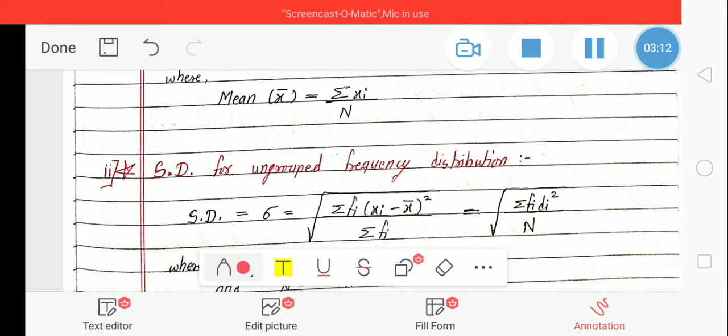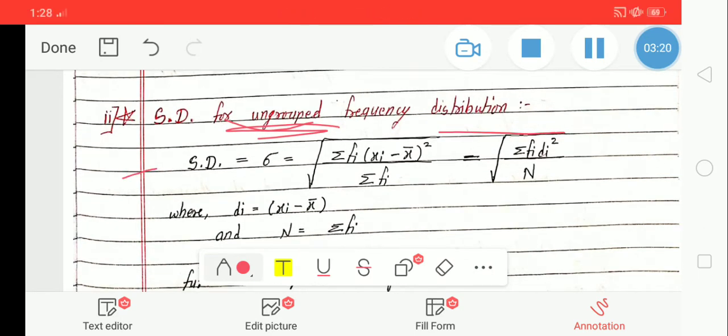Now standard deviation for ungrouped frequency distribution. Sigma is equal to the square root of the summation of fi (xi minus x bar) whole square divided by the summation of fi.